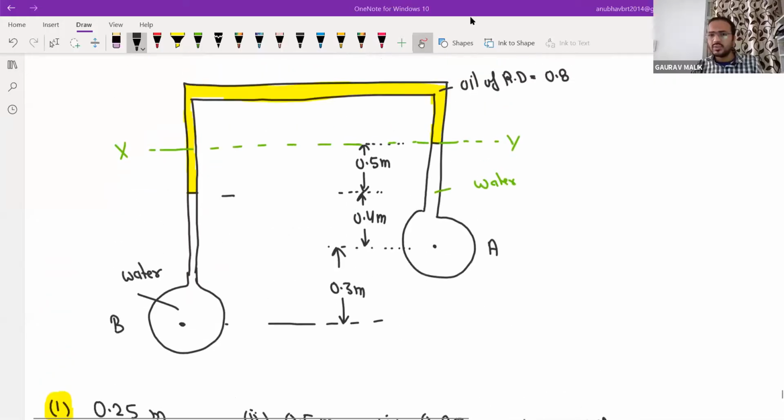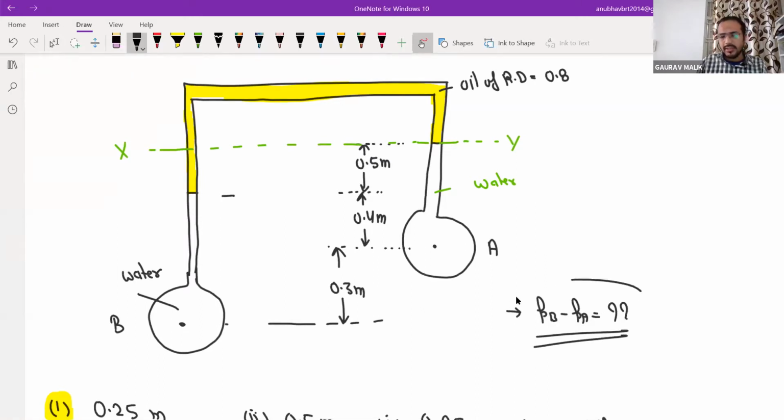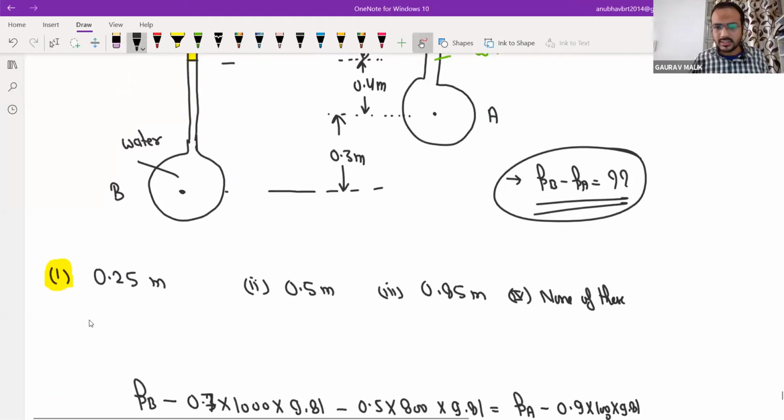Okay, they ask in terms of head. If you need to calculate the value of PB minus PA in terms of pressure, then please tell me. That second part I will check tomorrow. It is your homework. And first is the correct answer of this question. Is it clear?